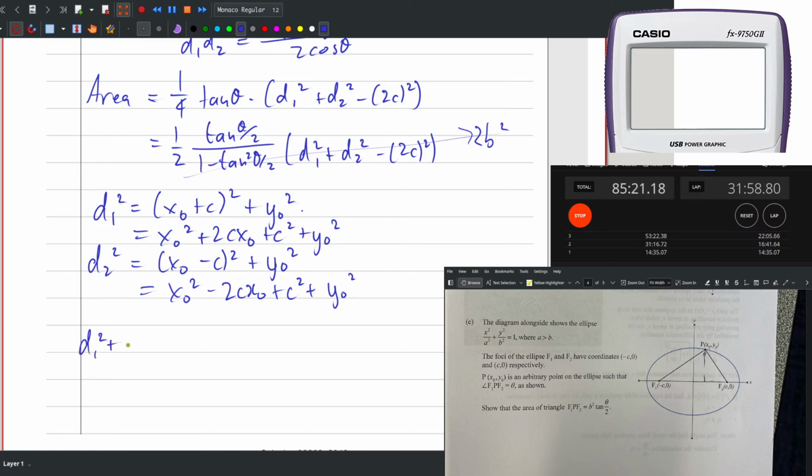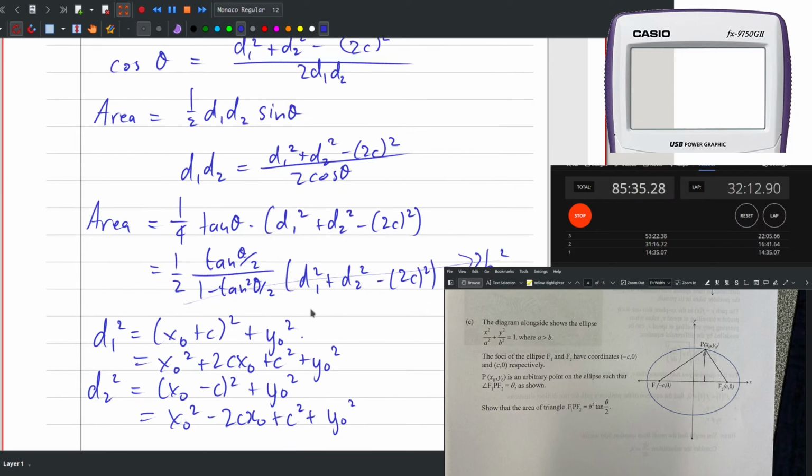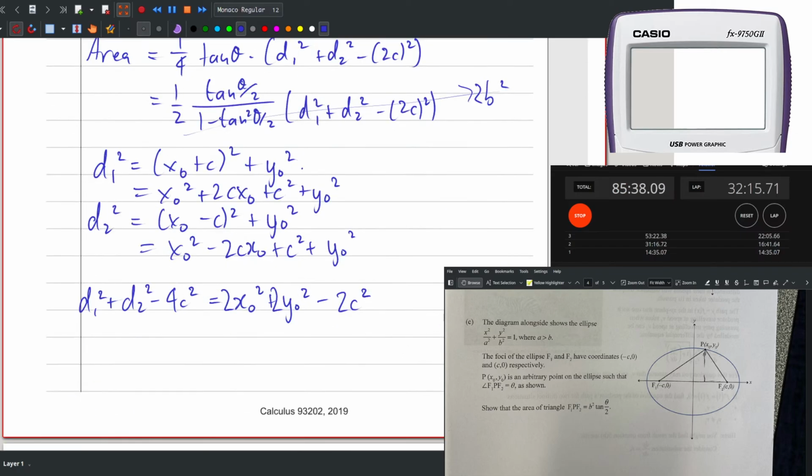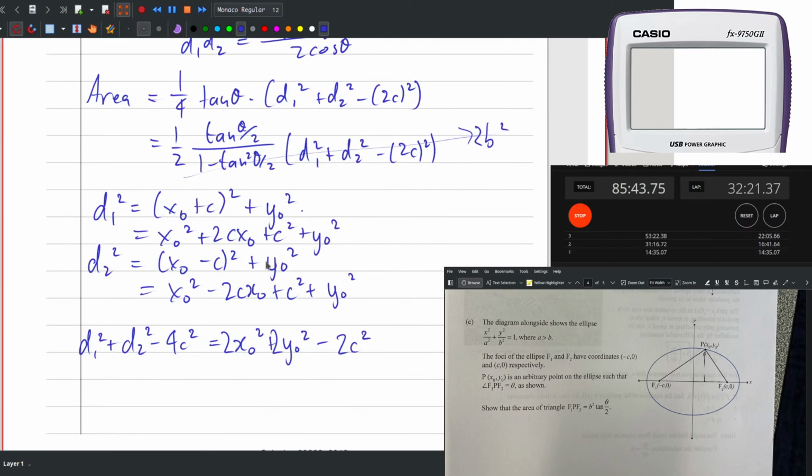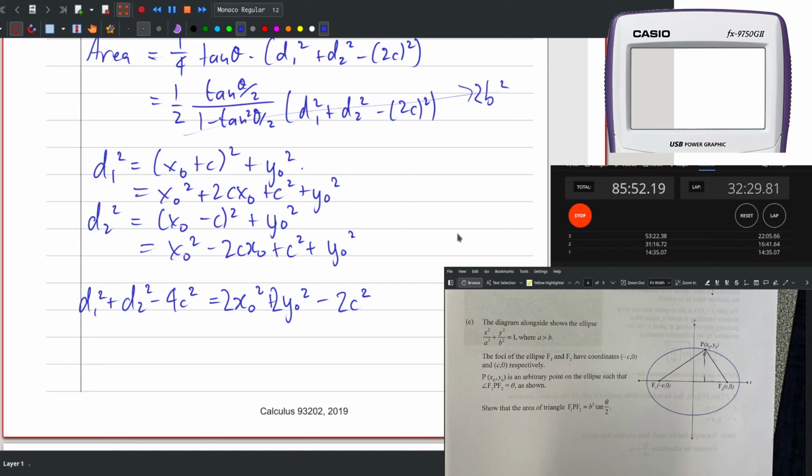So d1 squared plus d2 squared minus, that'll be 4c squared, I guess. It's equal to 2x naught squared plus y naught squared minus 2c squared. Okay, that's not good. I mean, how are you meant? Well, this is supposedly equal to 2b squared times 1 minus tan squared theta on 2.